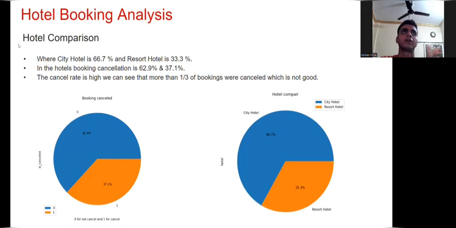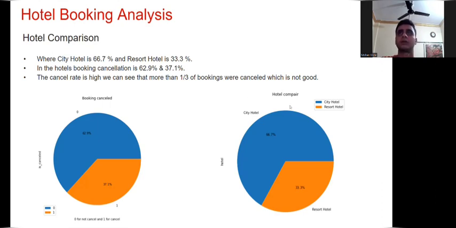If we first start with hotel comparison, the pie chart shows us that around 62.9% of bookings were successfully handled, where 37.1% were cancelled.